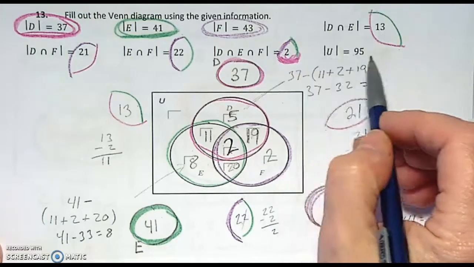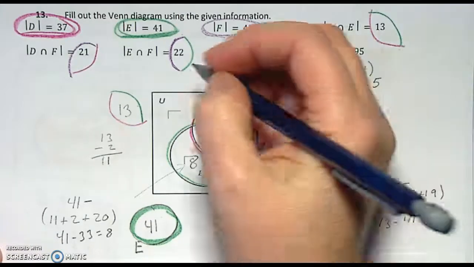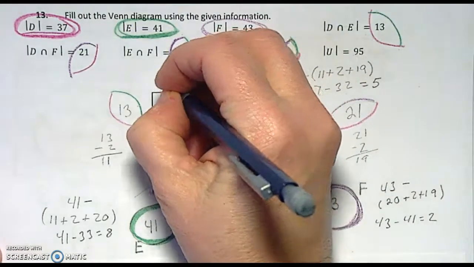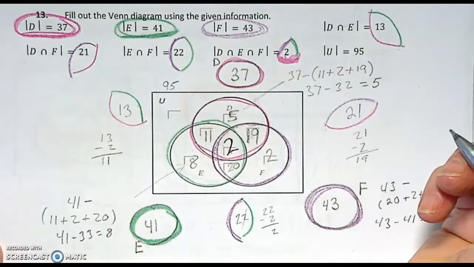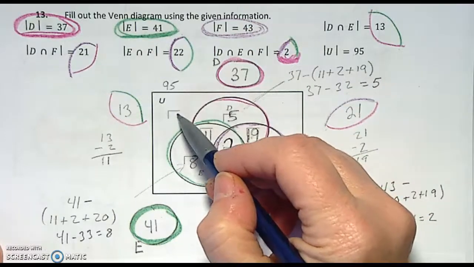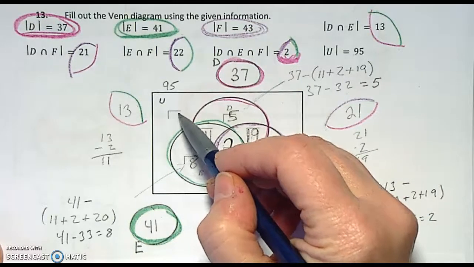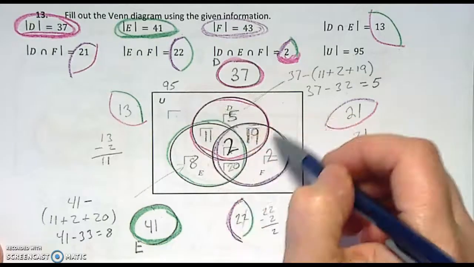The cardinality of the universal set here is 95, so there's 95 total elements in the group. And I like to write that outside here, because that means there's 95 elements in the entire box. But what this system we're using now, Hawks, does is this isn't the total universe. This is the total universe minus all this stuff.